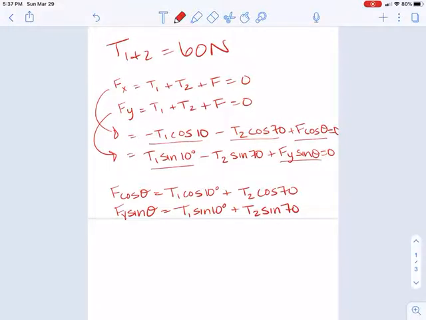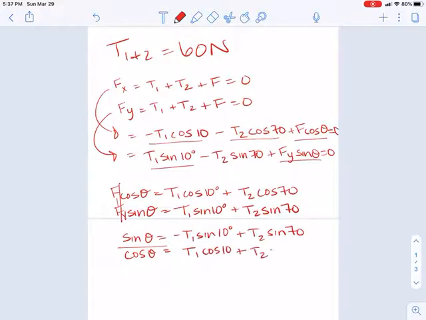Okay, now if I take these forces right here and cancel those out, and I flip this, now I have sine theta is equal to negative tension 1 sine 10 degrees plus tension 2 sine 70 degrees, divided by cosine theta, which is also equal to tension 1 cosine 10 plus tension 2 cosine 70.